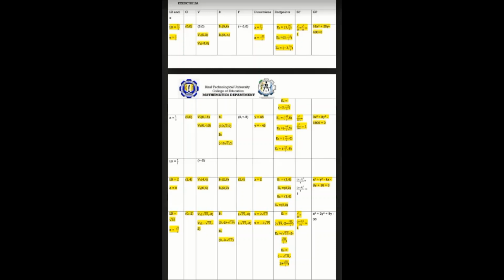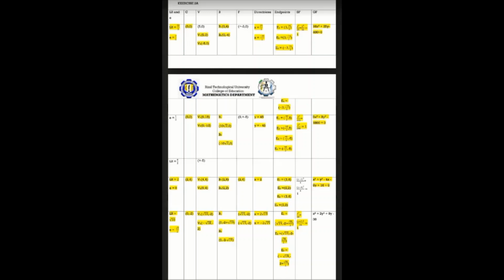The endpoints are E sub 1 is equal to 3 and 16 over 5, E sub 2 is equal to 3 and negative 16 over 5, and E sub 3 is equal to negative 3 and 16 over 5.